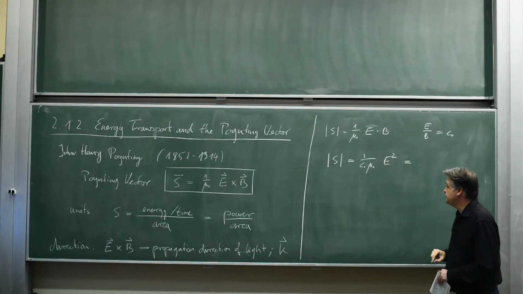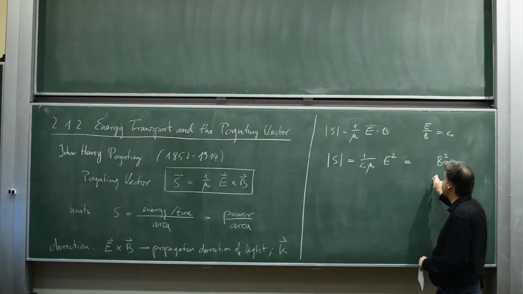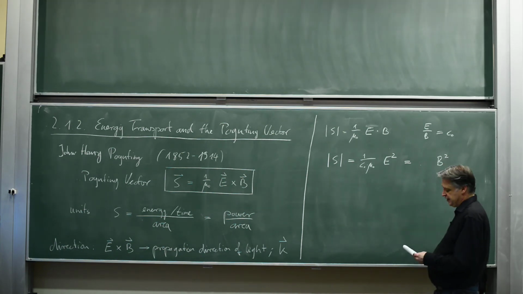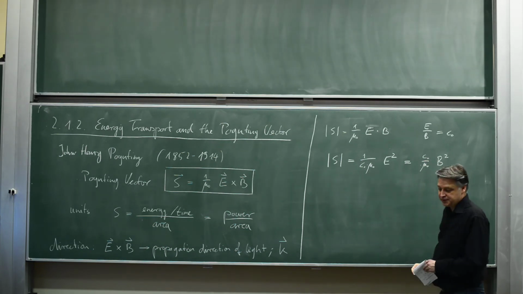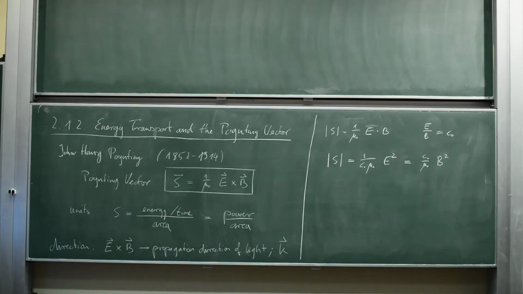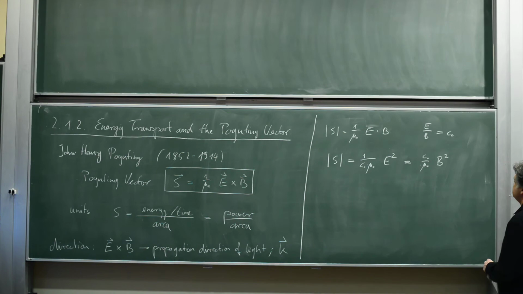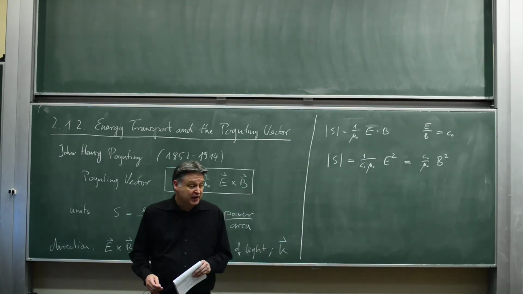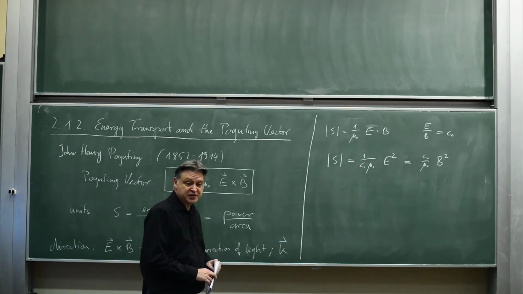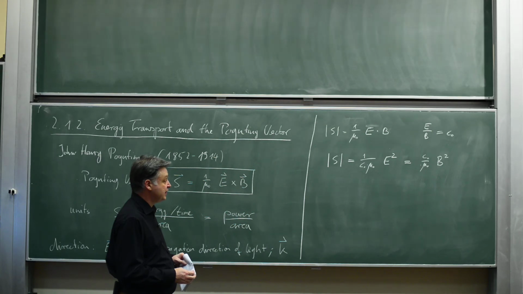We can also express that in terms of B. And now we get speed of light divided by mu naught. That's another way how we can express the magnitude of the Poynting vector, the power of light, the light intensity.